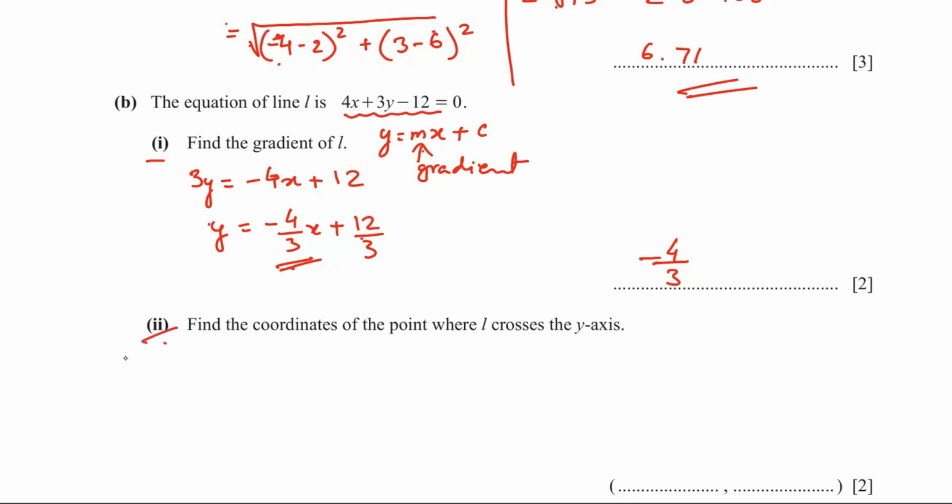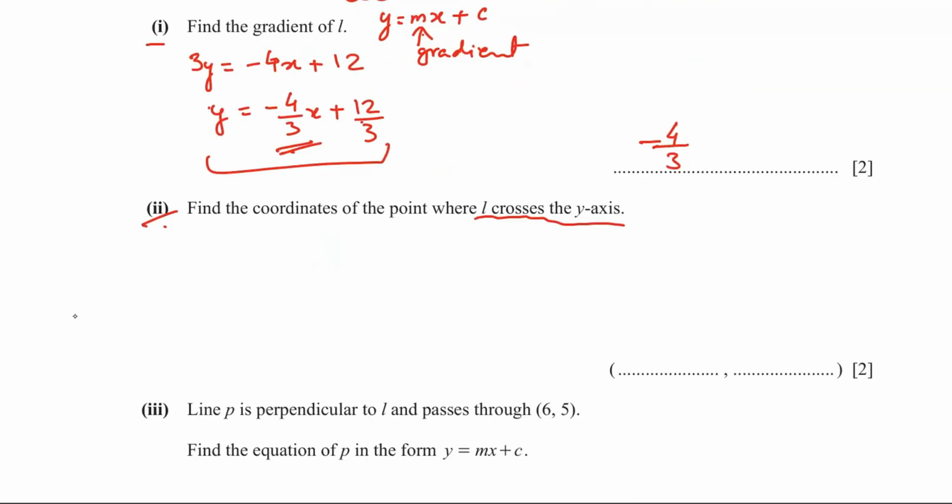And in part B it says find the coordinates of the point where L crosses the y-axis. Take this equation, y equal to negative 4 over 3 x, and then plus 12 divided by 3 is 4. Going back to the format y equal to mx plus c, this c is the y-intercept, where the line L crosses the y-axis.